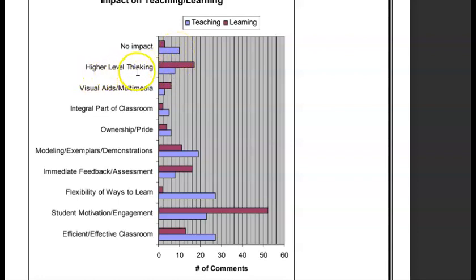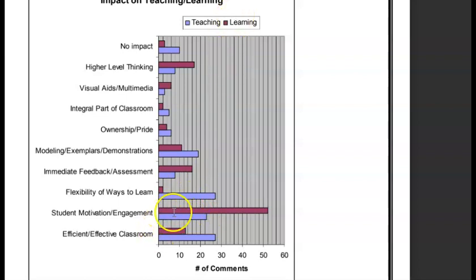Many teachers mentioned higher level thinking. If you look at the numbers down here, this is about 20 here. Some of the teachers mentioned visual aids and multimedia. Notice that if you look at what was the biggest impact on teaching and learning, it had to do with student motivation and engagement.